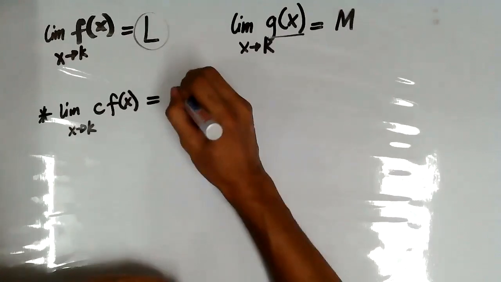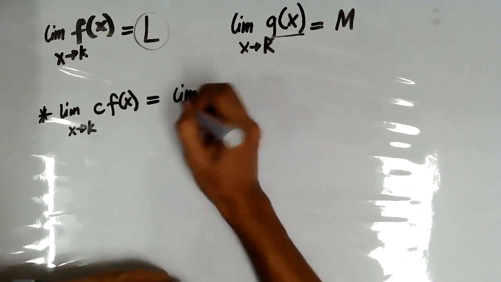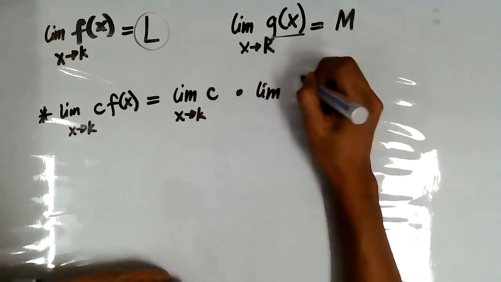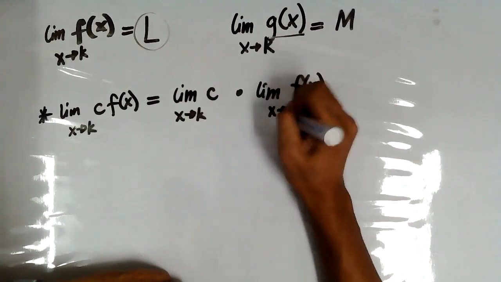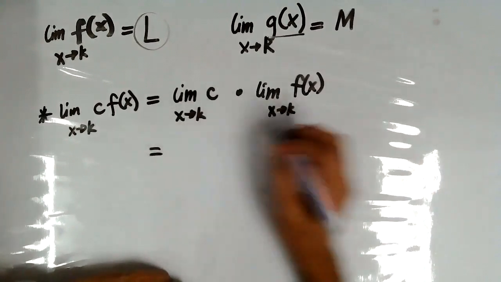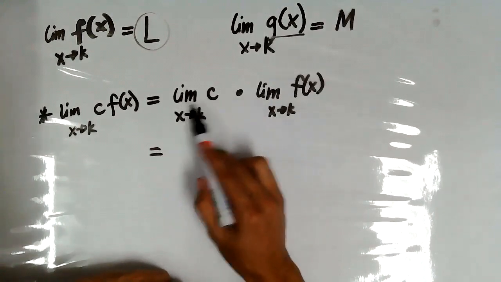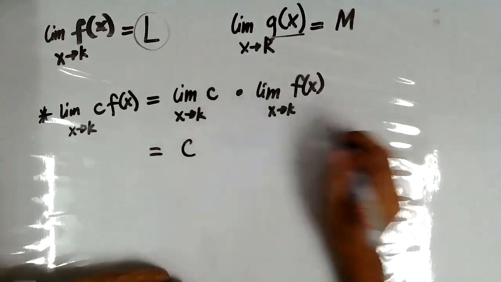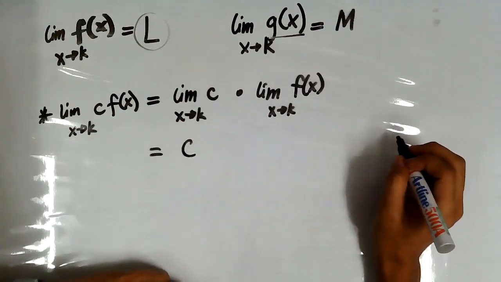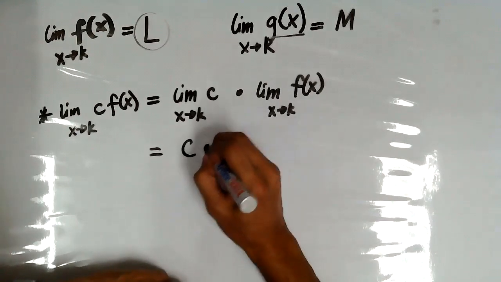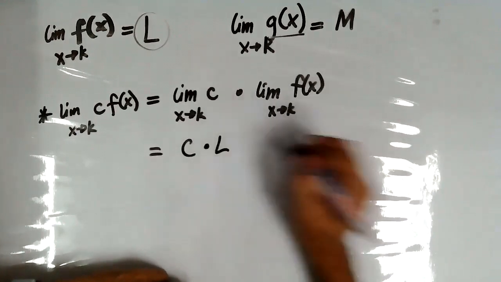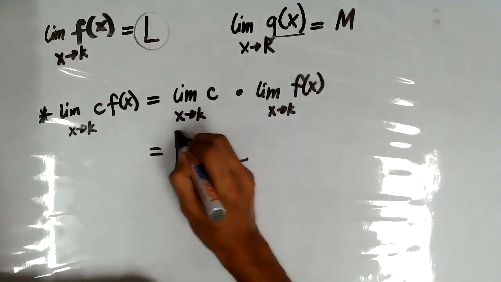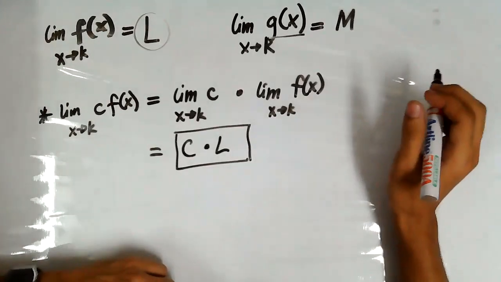You distribute the limit. You have the limit of your constant as your x approaches the value k times the limit of your function f, as your x approaches k. And we all know, from the first part of this video, that the limit of your constant as your x approaches k is c, times the limit of your f of x, which is L. So simply, you're going to get the product of the constant and the limit of the function.